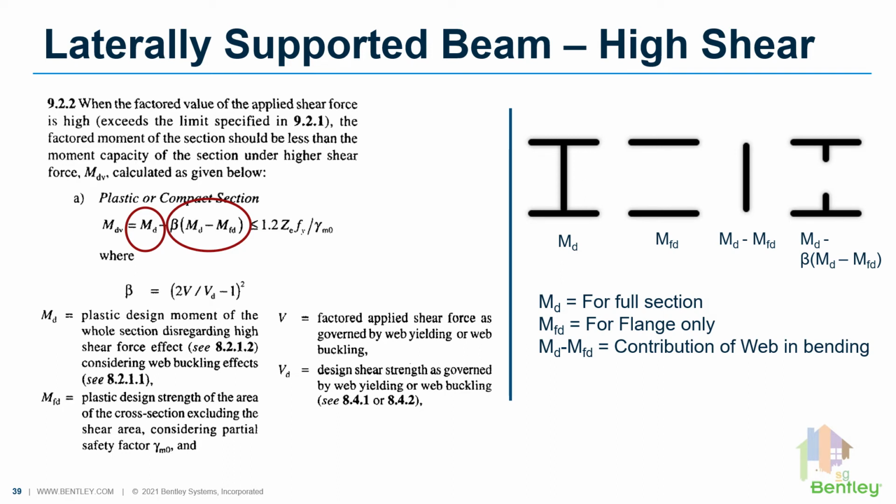Means you are switching off the web contribution on bending capacity if shear value increases, assuming web is meant to resist the shear first, and then rest of the excess web capacity can be utilized to resist the bending. Clear? This is what is meant in this clause for high shear case.